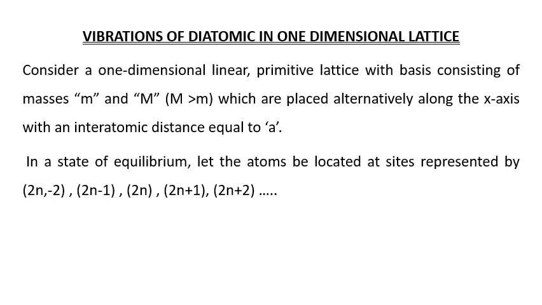So instead of n, n plus 1, n plus 2, here we represent 2n, 2n plus 1, 2n plus 2, etc. on the right side, and on the left side 2n minus 1, 2n minus 2, etc.